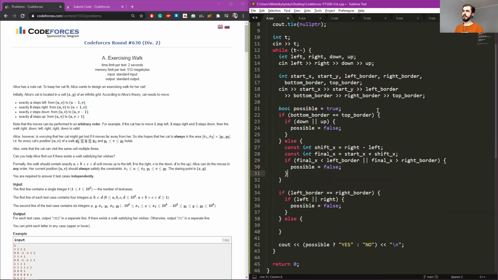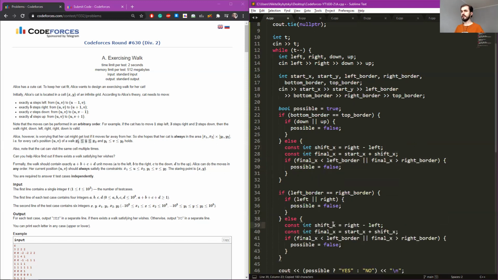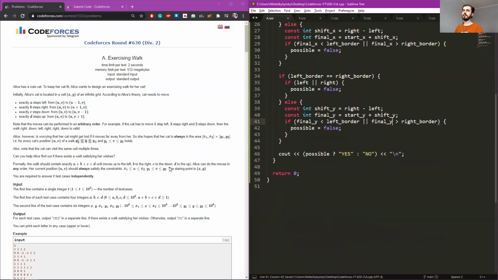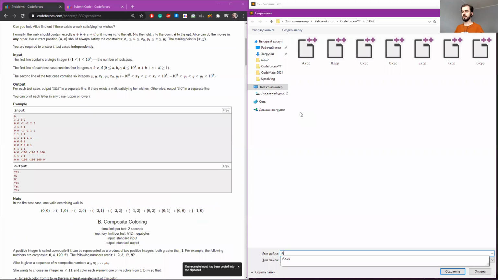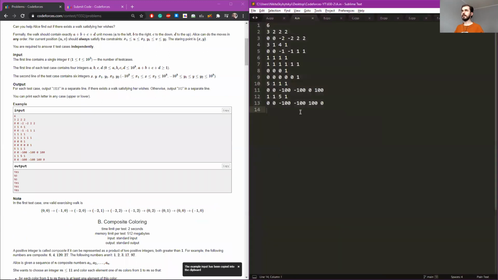The answer is false. And more or less the same thing happens here. There's a shorter way to express these if conditions, but I don't necessarily care about it.